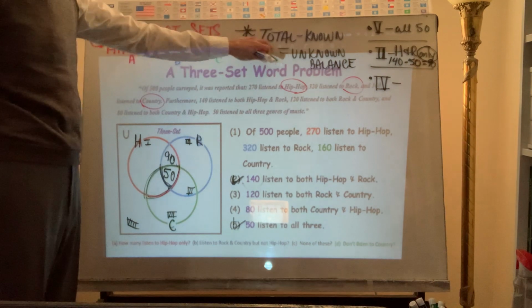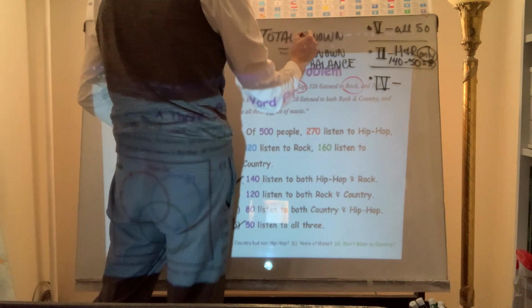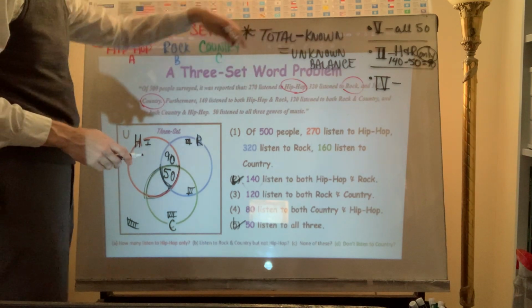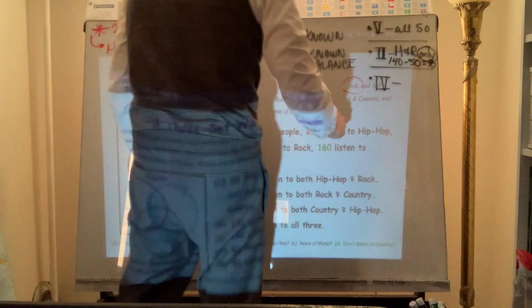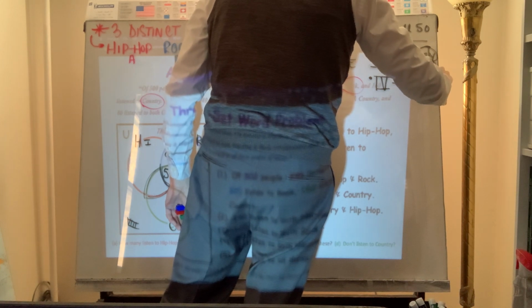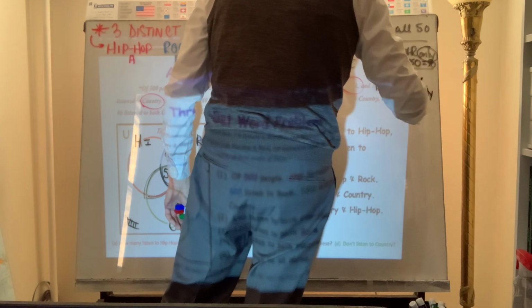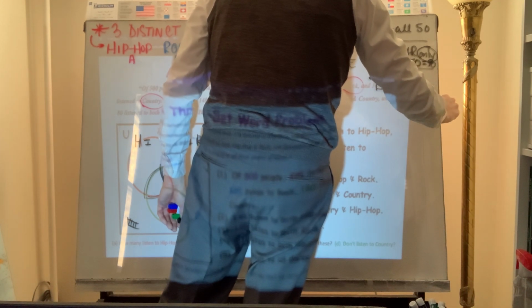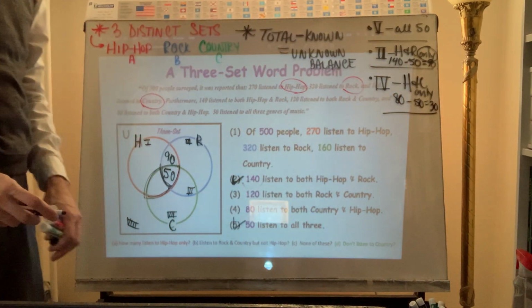That's essentially the strategy, formula, or whatever you want to call it, that I'm utilizing here. If 50 is the known and the total is given to us as 80, then for hip hop and country only, it would be 80 minus 50, which would be 30. Okay.